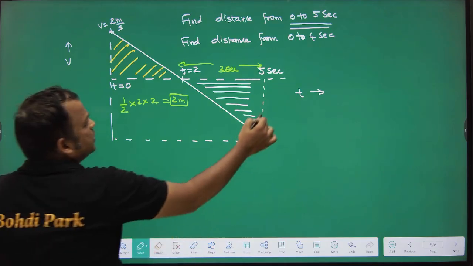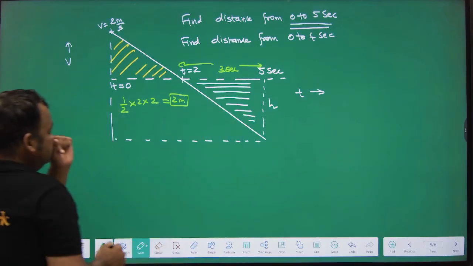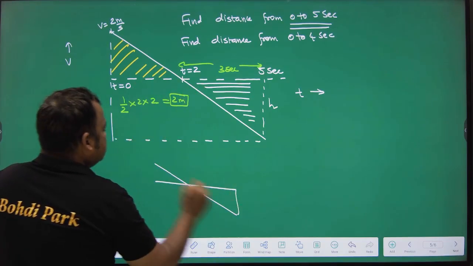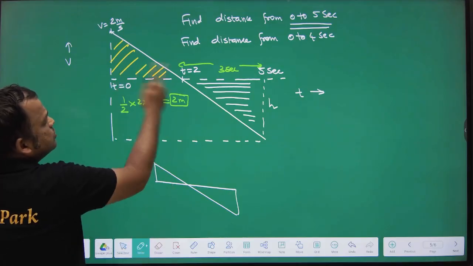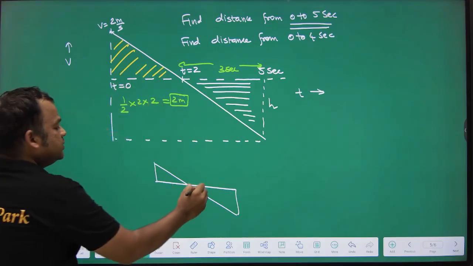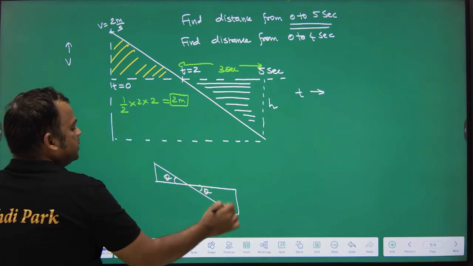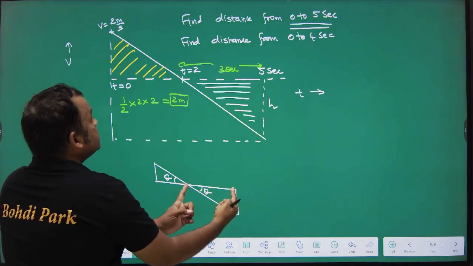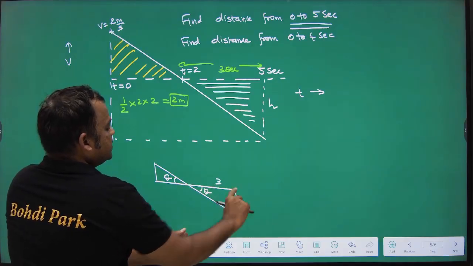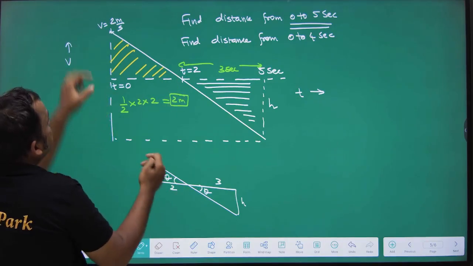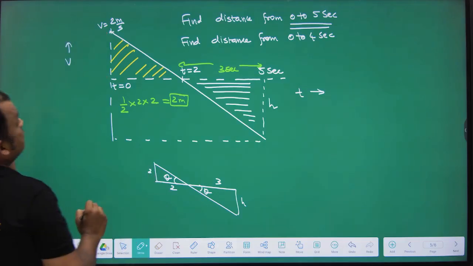So let's calculate, the height is h. Then you look at these two triangles. These two triangles are similar triangles. So these two angles are same. Suppose these are theta and theta. So we have this side as 3, this side as h, and this side as 2, and this side as also 2.